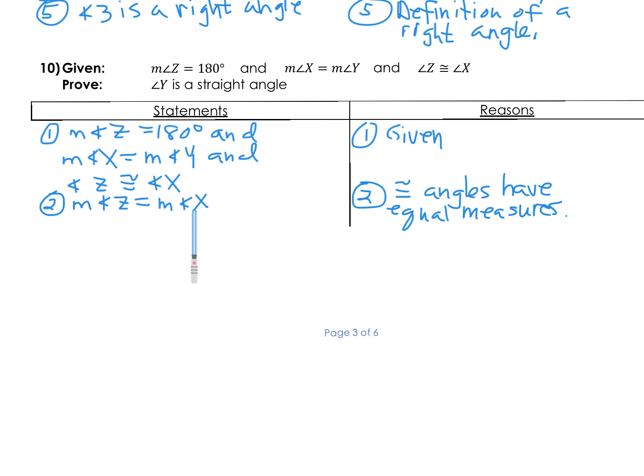Notice how the x's repeat. So I'm going to get rid of the x's and put measure of angle Z is equal to the measure of angle Y, and that is the law of syllogism. Measure of angle Z is equal to the measure of angle Y. And my reason is law of syllogism. You could have put transitive property.